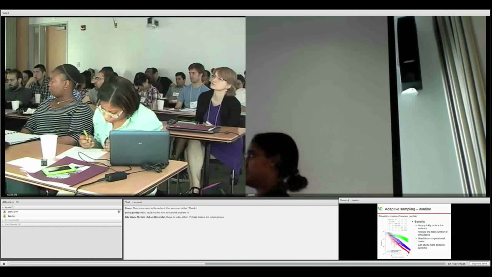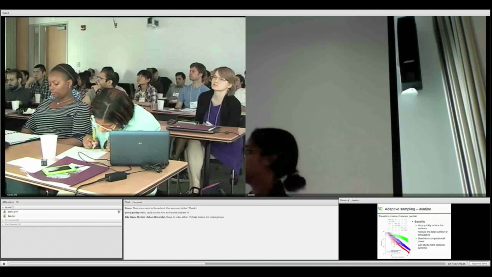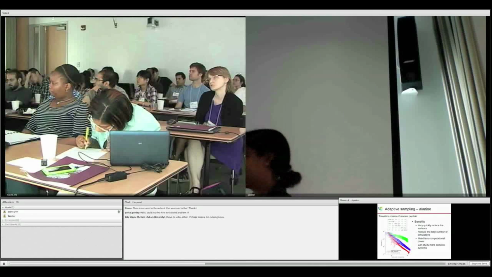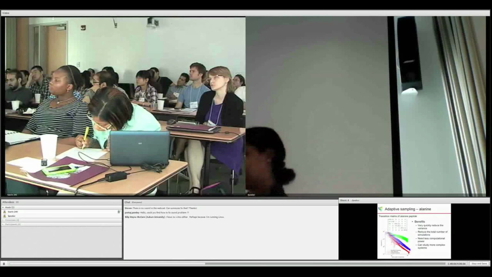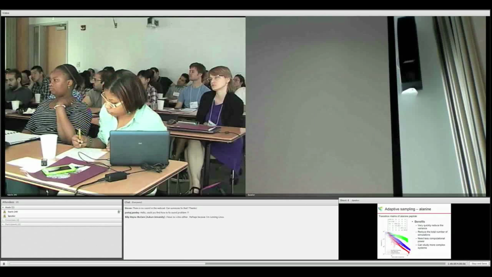And so it's a balance between these two values, the uncertainty and sensitivity, and we can very easily calculate the expected decrease in my overall variance of my rate and start simulations from the one that will decrease it the most. So this is what I call adaptive sampling.